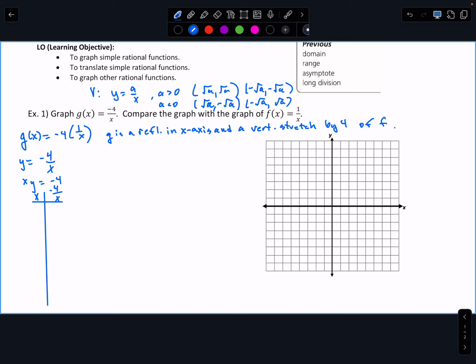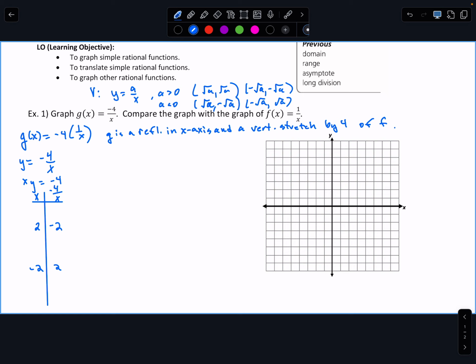And so for this problem, you've got 4 in the numerator. Well, the square root of 4 is a nice, neat, clean 2, so you need a 2 and a negative 2, and you need a negative 2 and a positive 2, because you need them to multiply to be that negative number. And I left a little space in between. I want at least 3 points on each branch of the hyperbola.